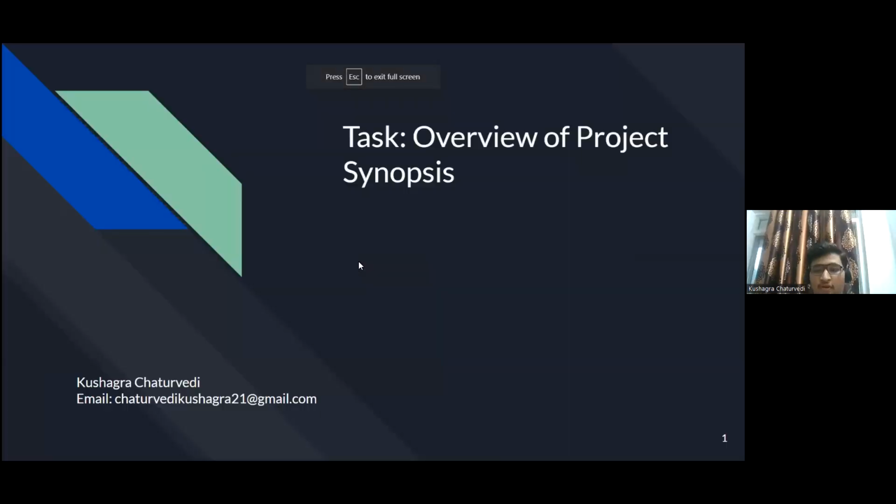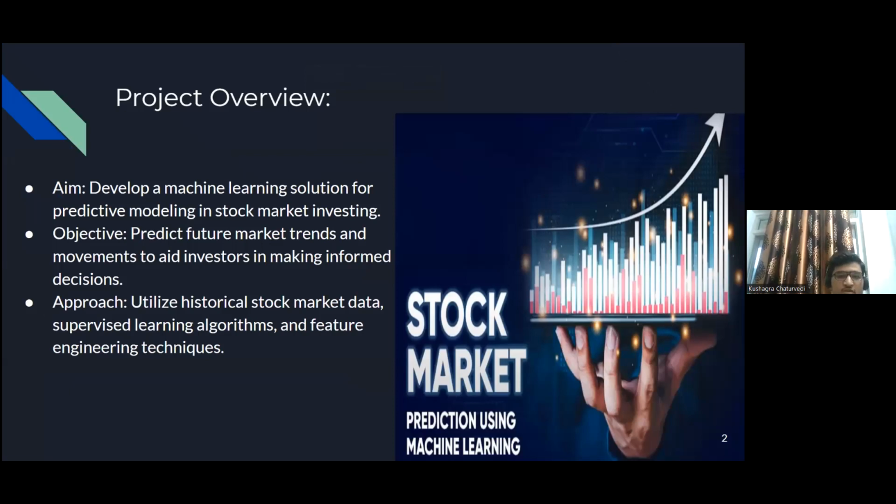So, good evening, everyone. My task for today's presentation is an overview of the project synopsis, and the project for which this synopsis has been provided is stock prediction using machine learning algorithms. It's an end-to-end project basically. In this project, we have to develop a machine learning solution so that we can build a predictive model based on the historical stock market data that is already present with us.